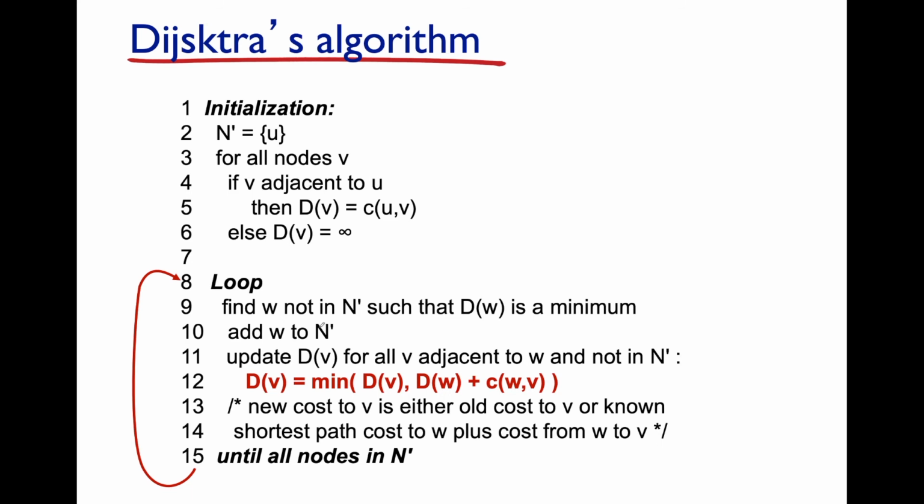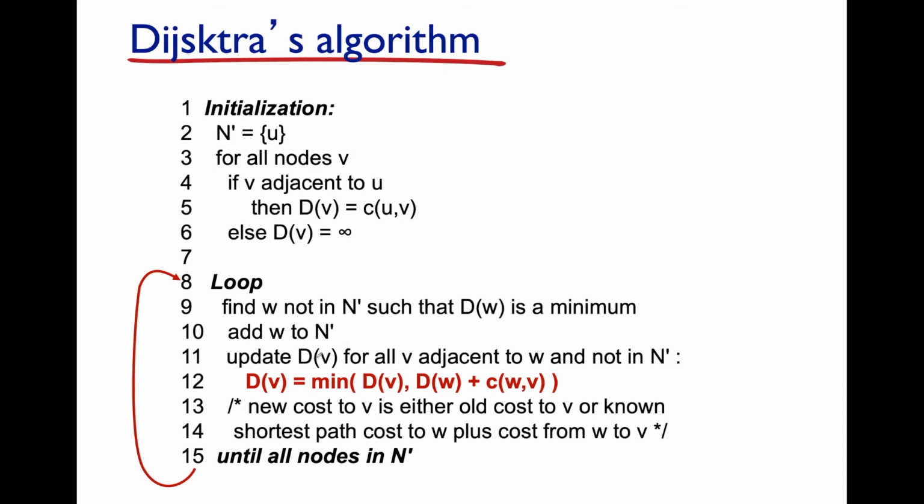Now once you add it to N prime, you're going to see, okay, if I know W is closest to what's already in N prime, can I improve upon the distance vector from V by going indirectly through W?